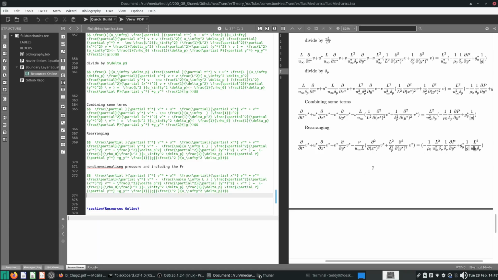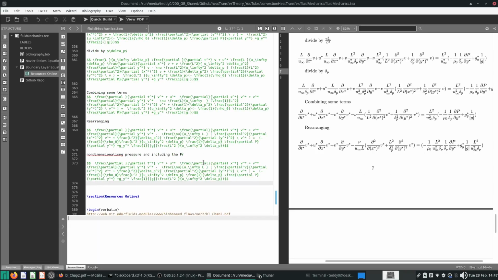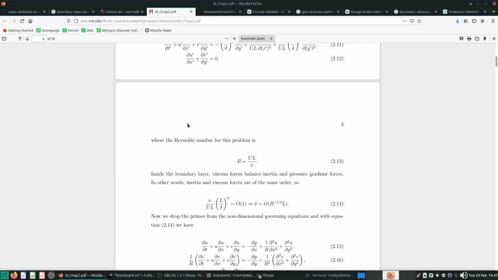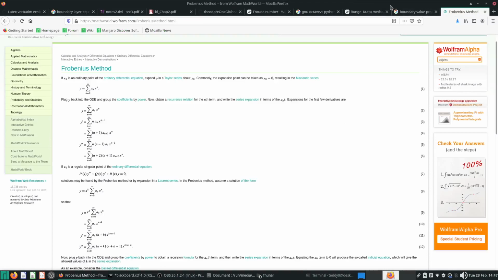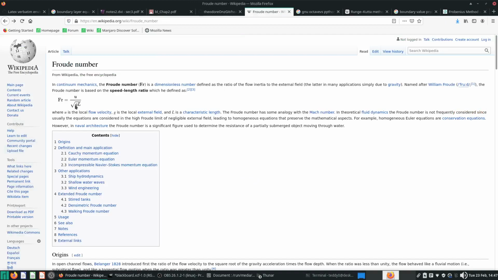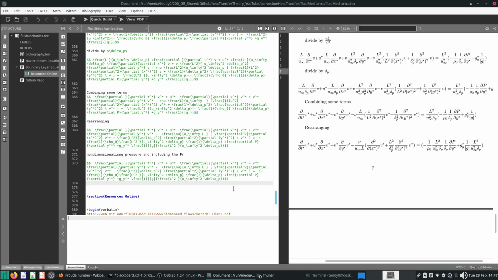This one will actually just reduce to a Froude number. Where's the Froude number? Froude number is here, this same Froude number. So let's non-dimensionalize pressure first.